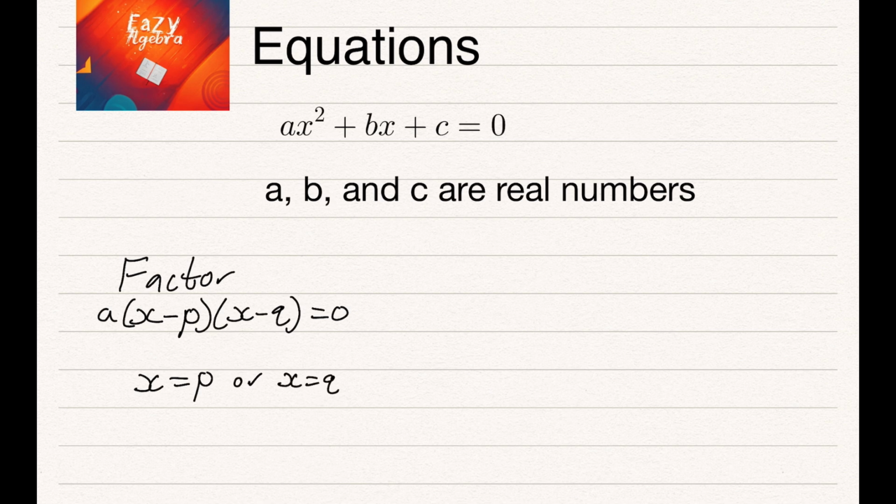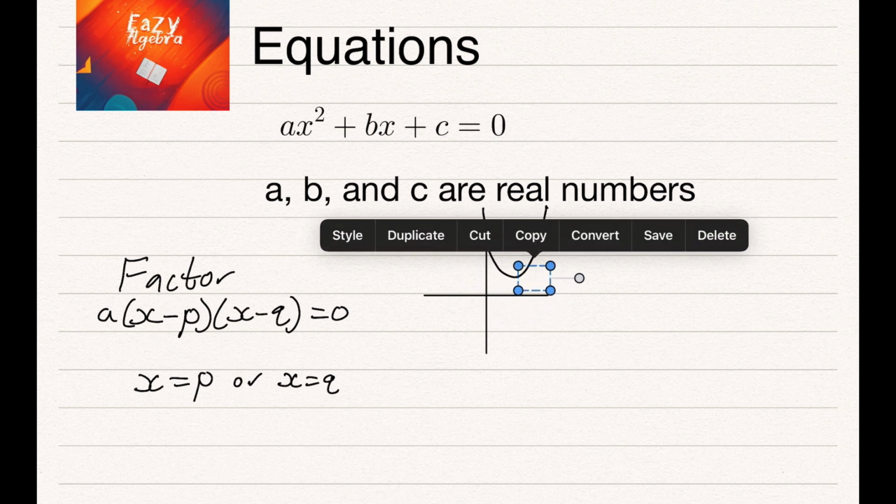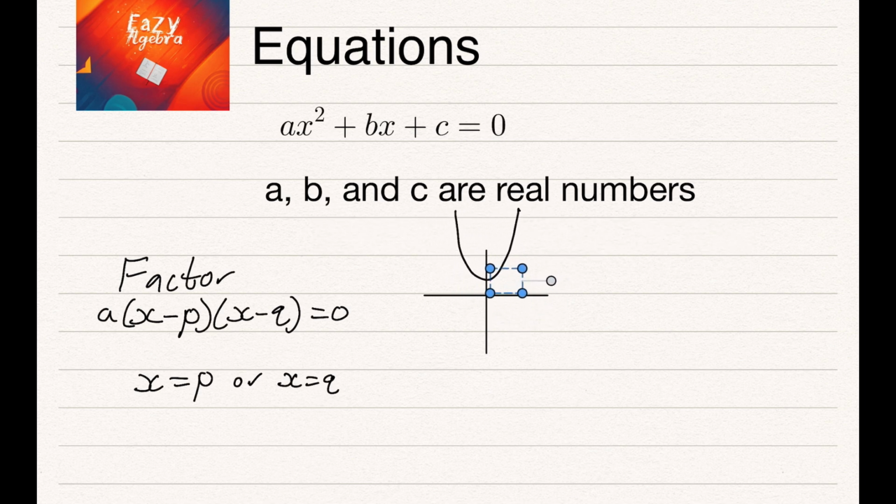The other way you could solve this is to graph the quadratic function, and you end up with a parabola. Parabolas can cross the x-axis in one of three ways. Shown currently, we have two crossing points. Those are the solutions of the function. It could also never cross and be something like this.